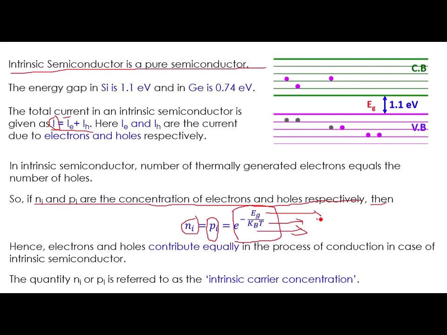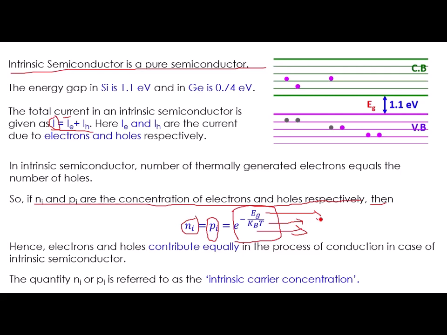Now you studied the intrinsic semiconductor, where you found that the process of conduction is solely due to electrons and holes, where the number of electrons and holes are the same, and both of them were generated thermally by supplying heat.